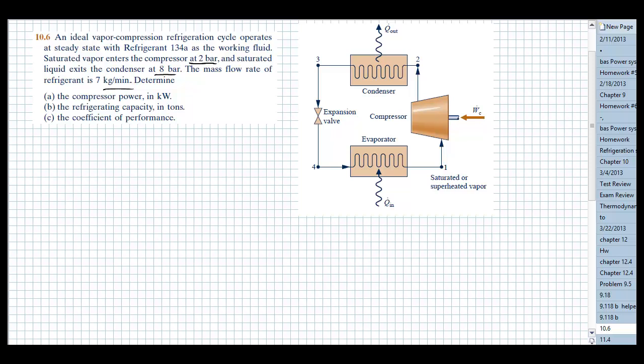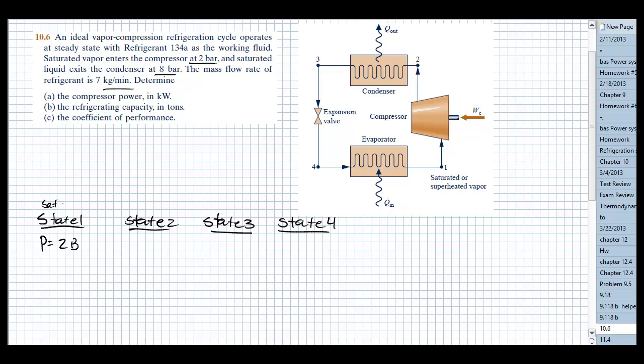So it's good practice, once you've read the question, to go ahead and set up your different states. So we've got state 1, state 2, state 4. We know right off the bat that for state 1, the pressure equals 2 bar, and we also know that it is a saturated vapor.